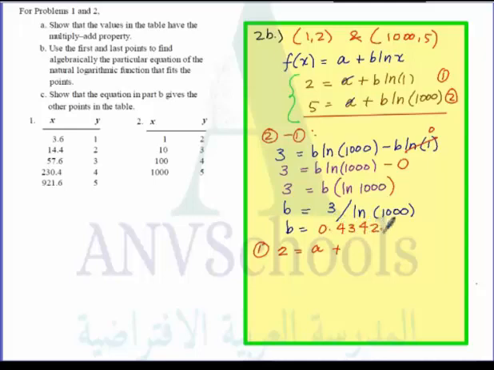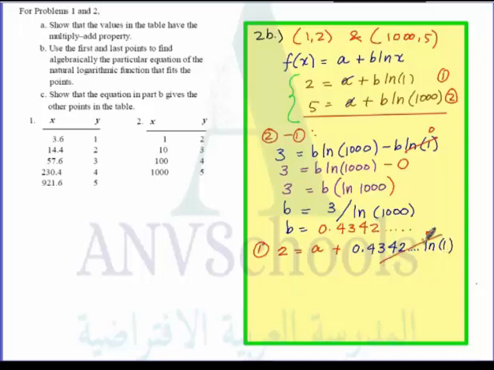So therefore our equation 1, because we want to get a, would be 2 equals a plus 0.434 ln of 1. And this ln of 1 again is 0, so be careful.